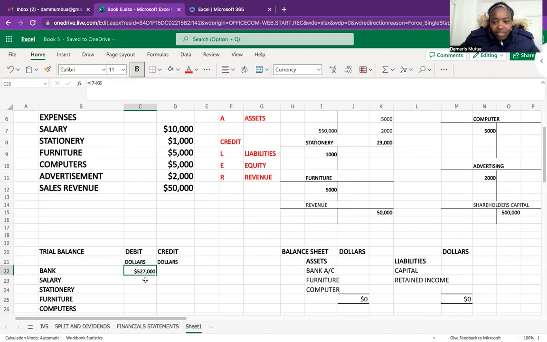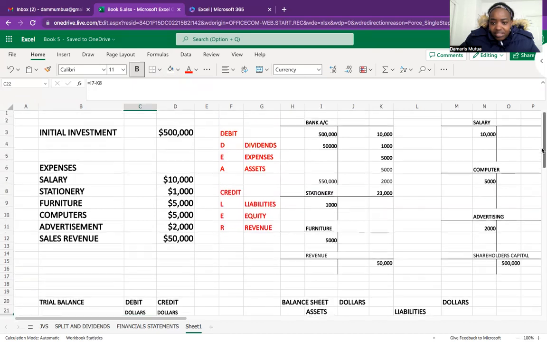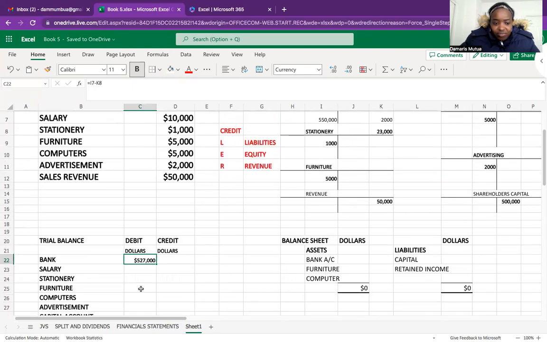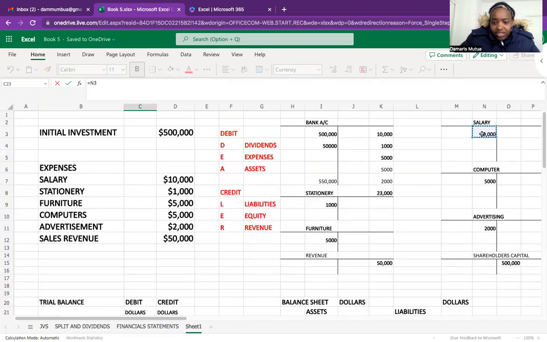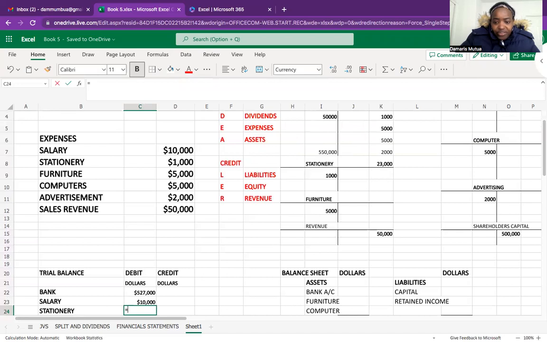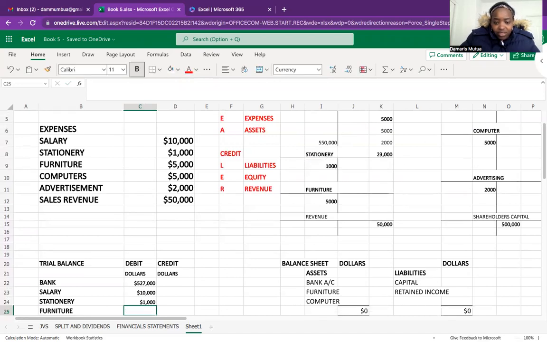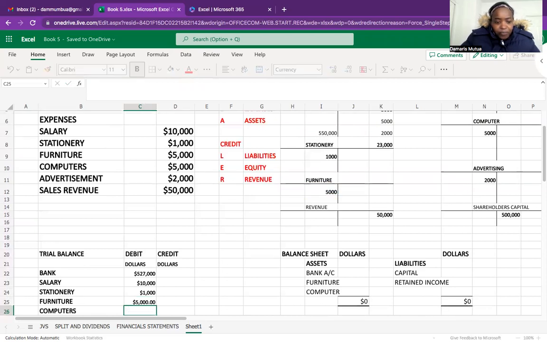The next account is salaries. My salaries has a debit balance of 10,000, so I'm going to pick that. My stationery, I have 1,000. I pick that. My furniture, 5,000.